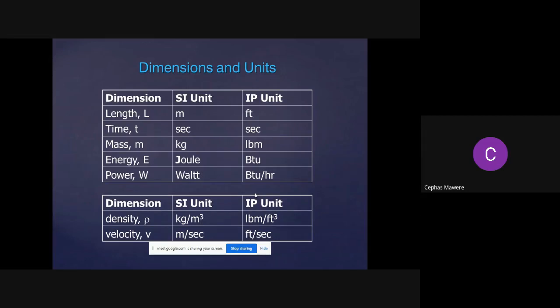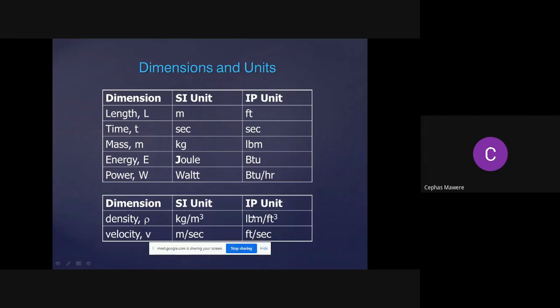In terms of time, seconds across the board. For mass, the International System has got kilograms as the unit of measure, but in the English unit we have pounds, which is lbm here. So mass is measured in pounds there, and so do the rest of the dimensions.